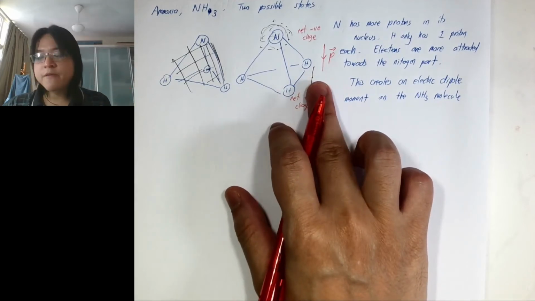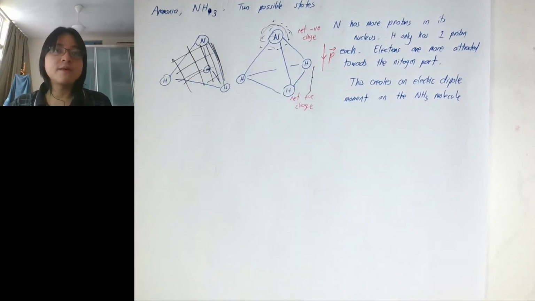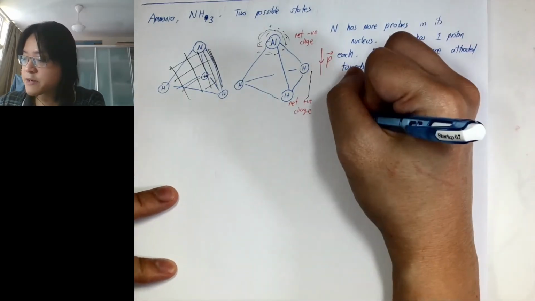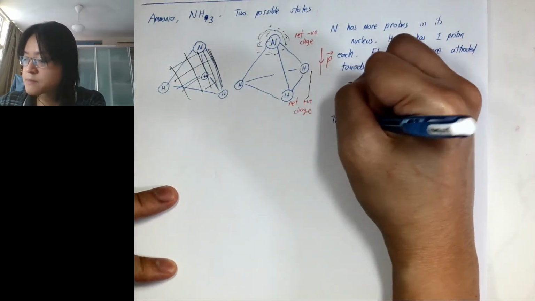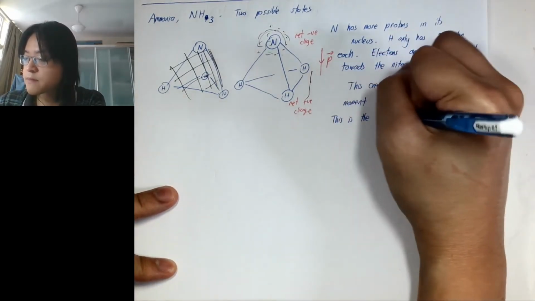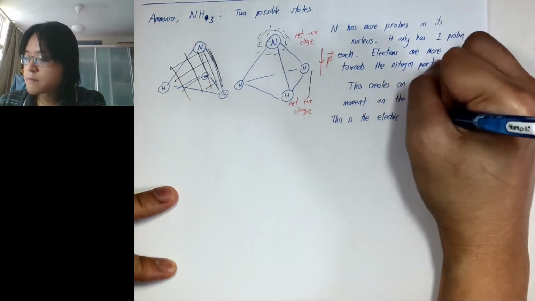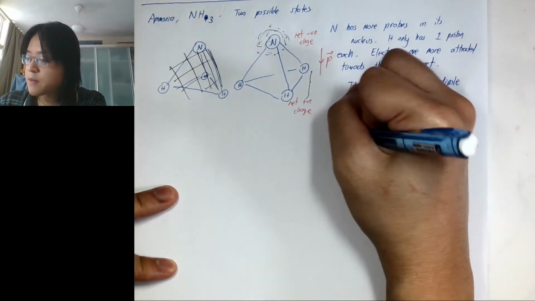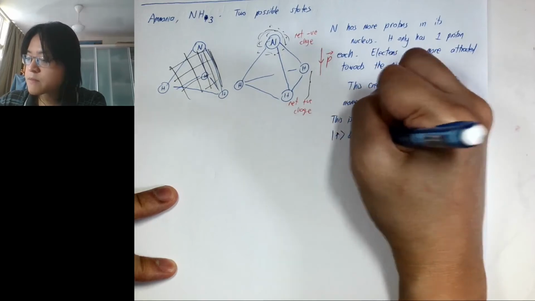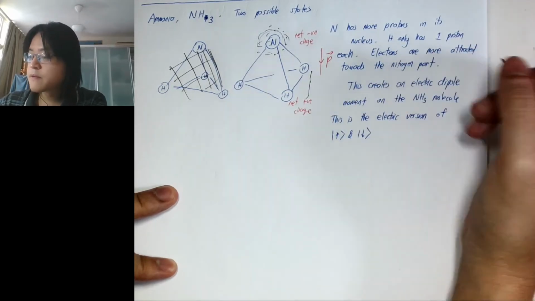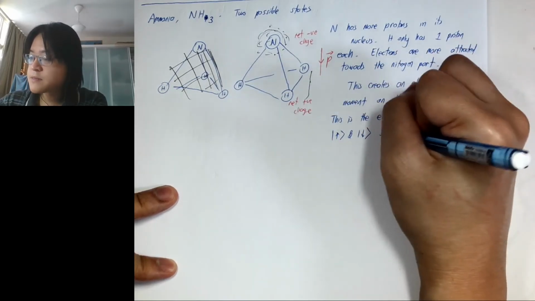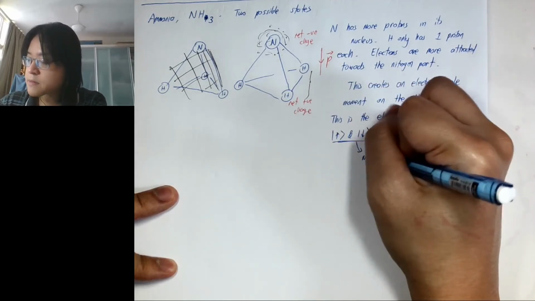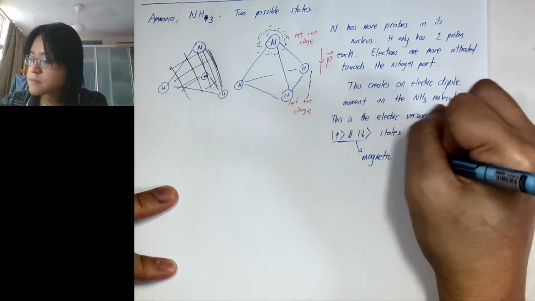The main point is that this dipole moment is a quantum state. This is the electric version of the up and down states, because the earlier one was the magnetic dipole moment.